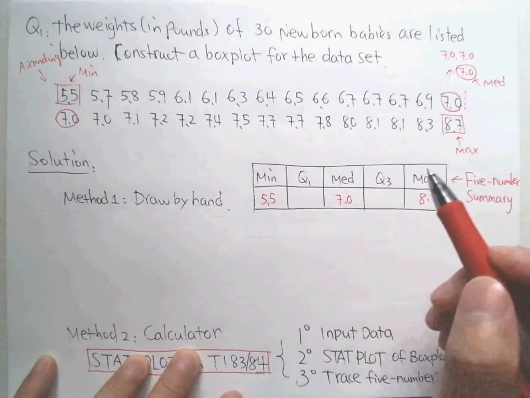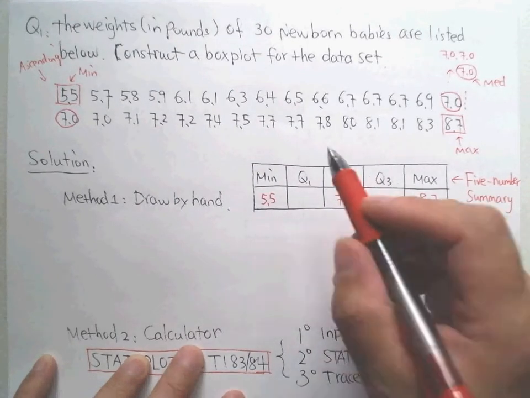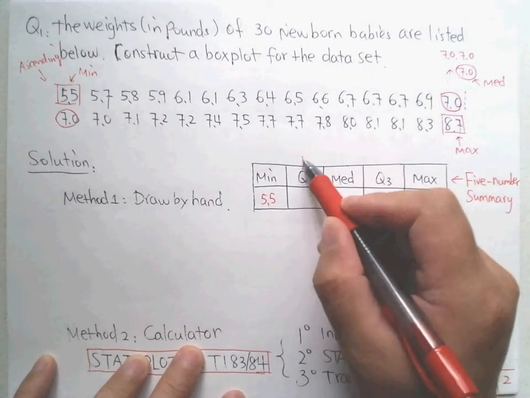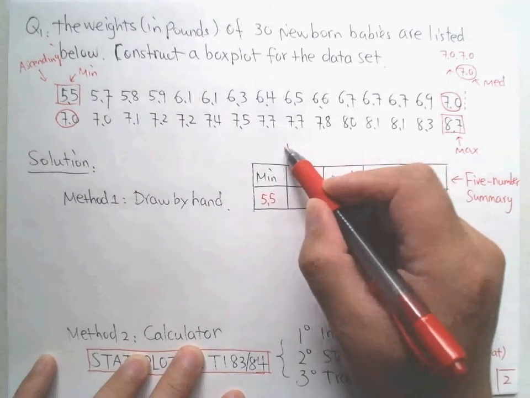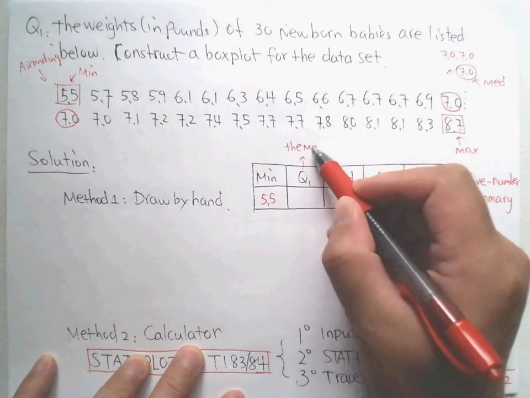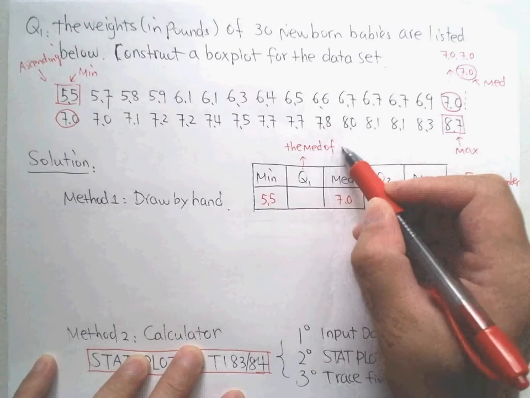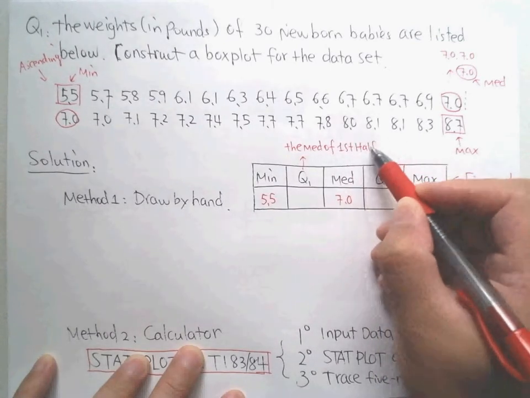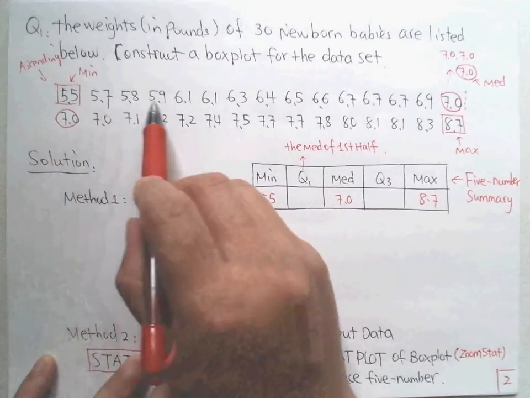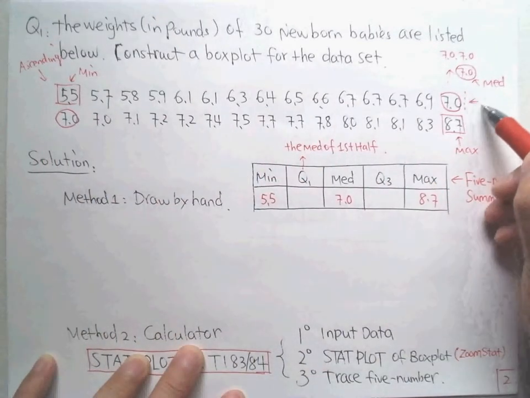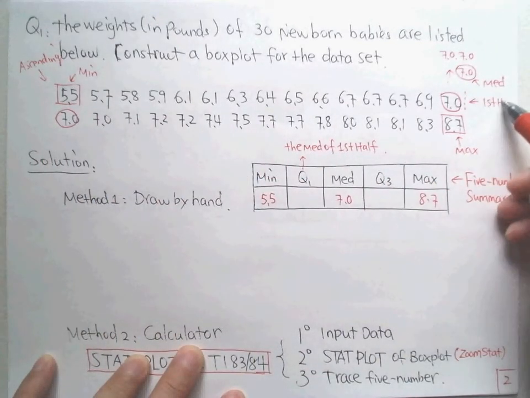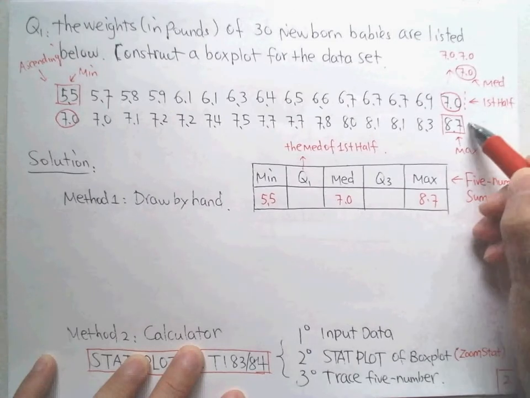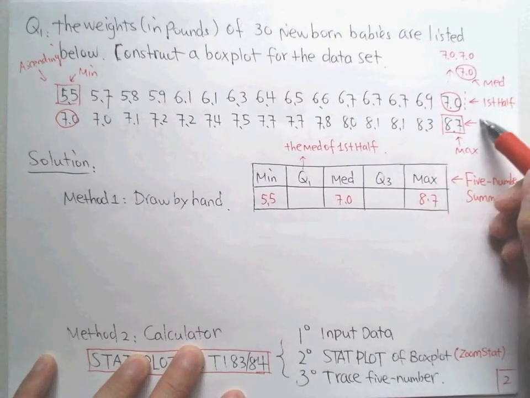Now is Q1. Q1 is the middle, right? The definition is the median of the first half. Where is the first half? The first 15 is the first half, and of course the second row is the second half.